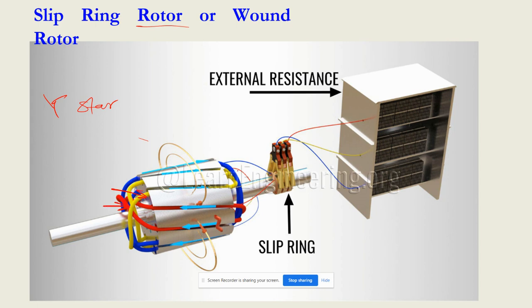Basically this winding can be externally connected to resistance. For that purpose we use slip rings on the shaft. By using slip ring and brush arrangement, you can connect external resistance to the slip ring induction motor, but it is not possible in the squirrel cage induction motor.